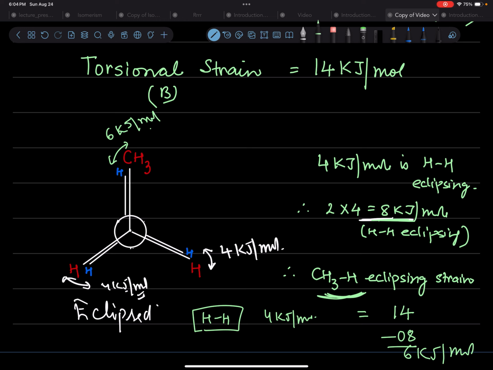Hydrogen eclipsing is responsible for an increase of 4 kilojoules, another hydrogen 4 kilojoules, and the methyl-hydrogen interaction accounts for 6 kilojoules per mole, since methyl is a bulky group as compared to the hydrogen atom. So this finishes the conformational analysis of ethane and propane.